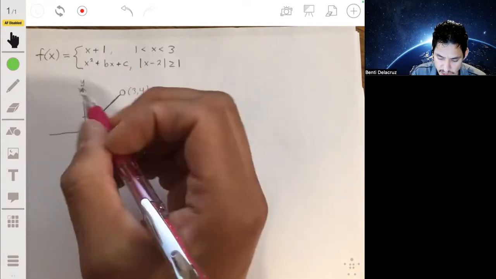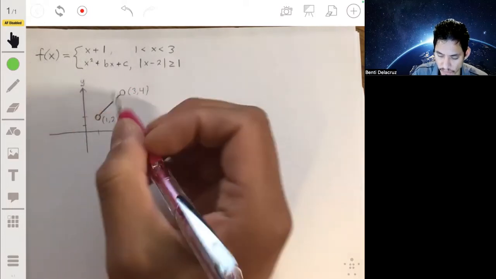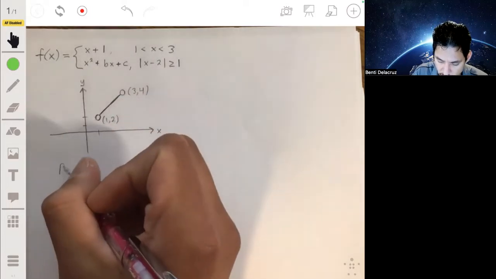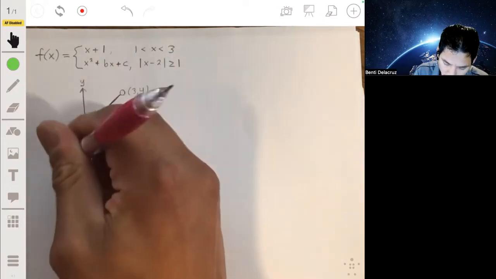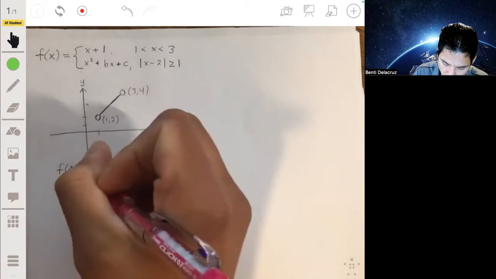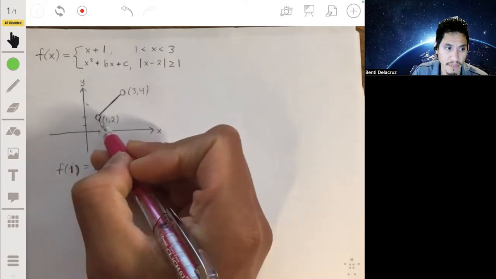Let's first look at this side of the graph. When you plug in 1, you want to get 2 for Y. We want f of 1 to be equal to 2, because then you're going to get that point.